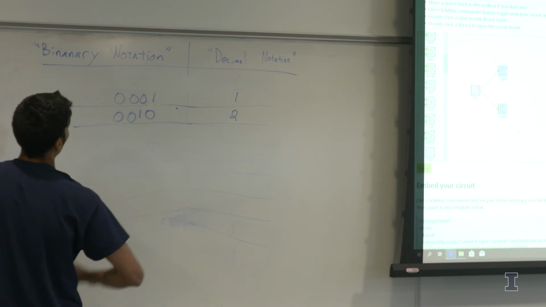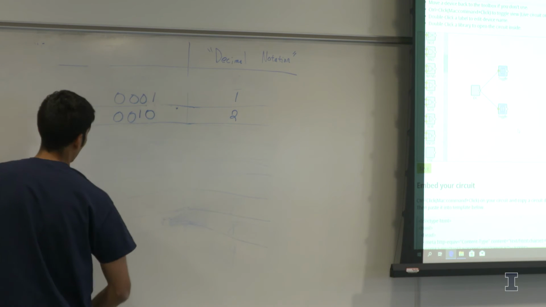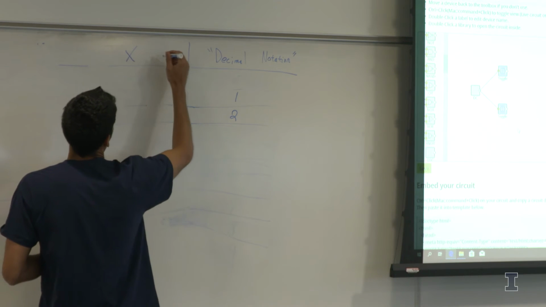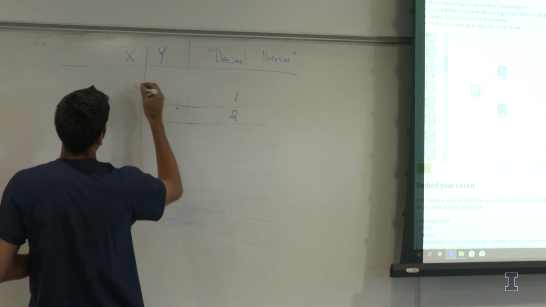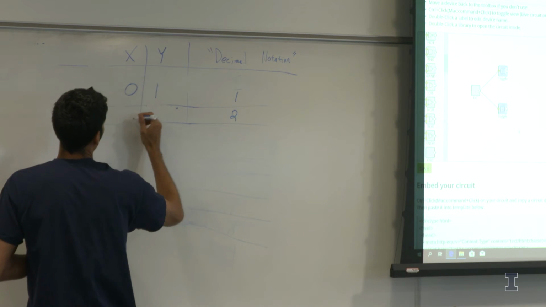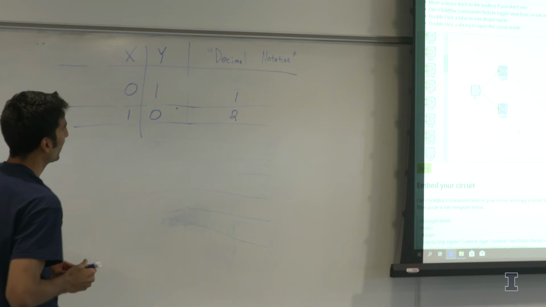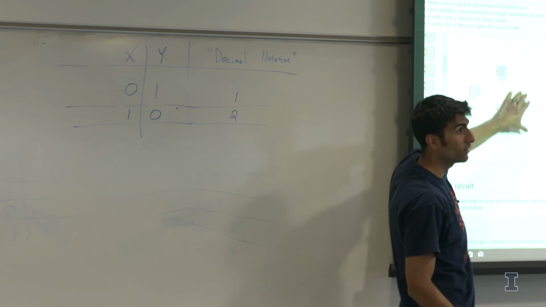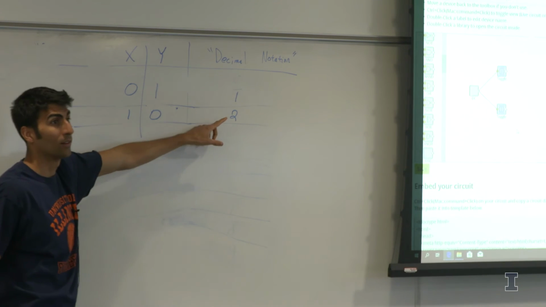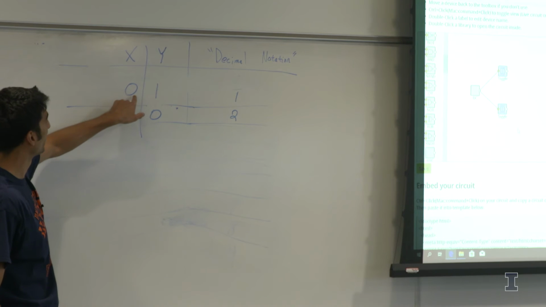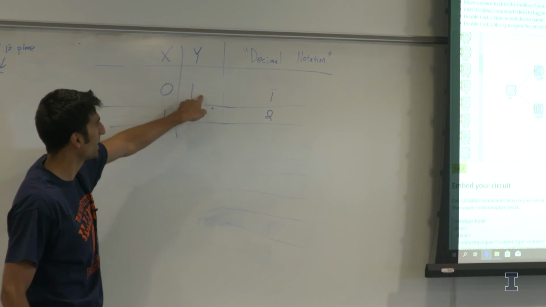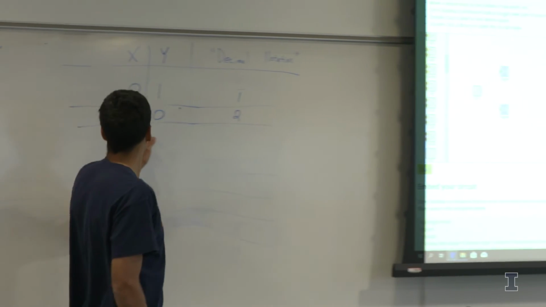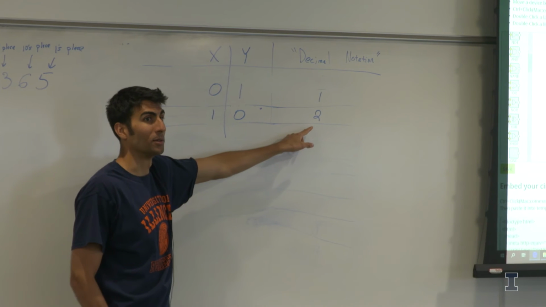So I want to, again, interpret this as our inputs x and y. So x, y, like this. And so this would be 0, 1, 1, 0. And so I want you guys to try to come up with some circuit here such that this truth table is satisfied. So when x is off and y is on, it displays the number 1 here. And when x is 1 and y is 0, it displays the number 2.